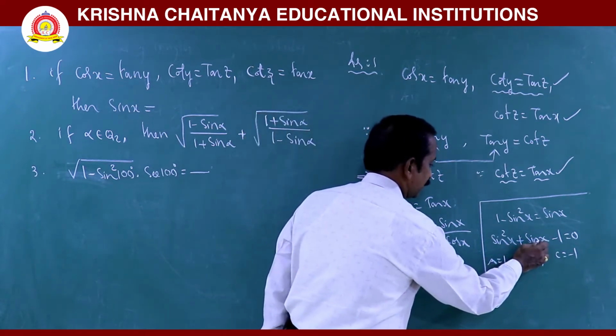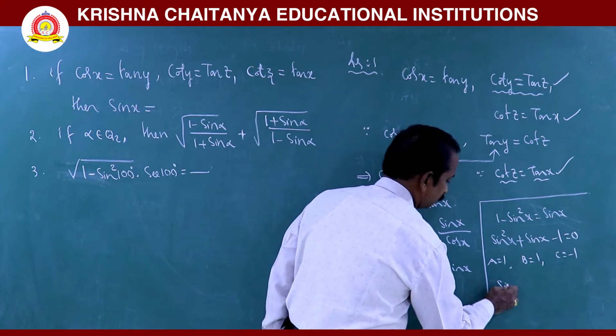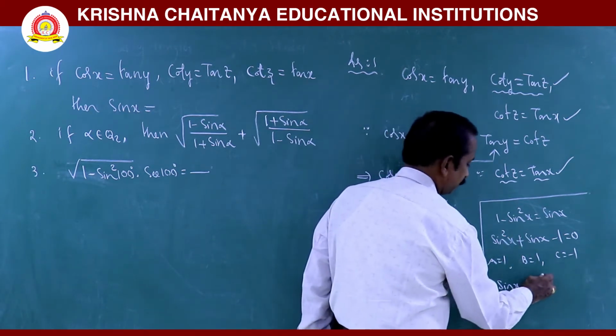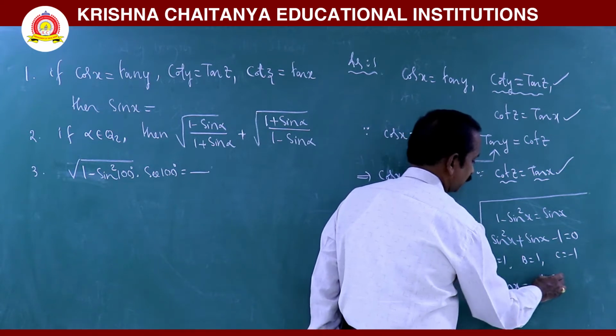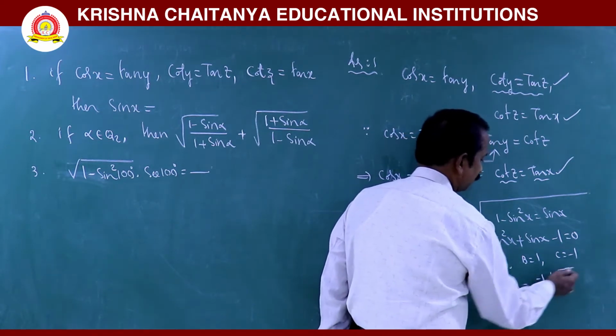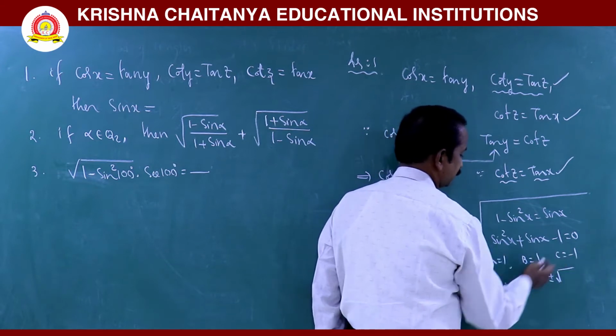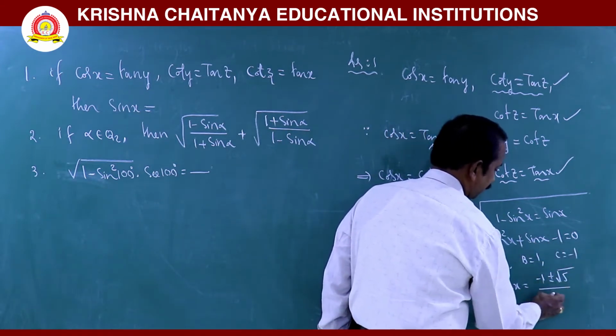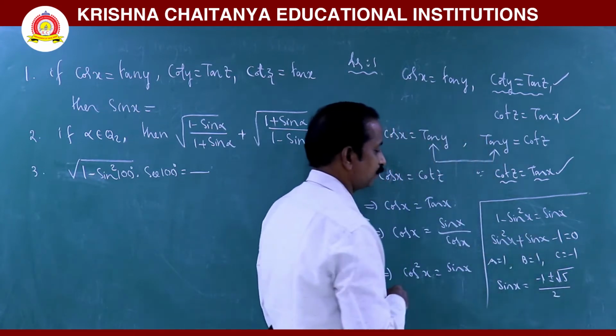Now, the quadratic equation is in sin x, so the roots are the values of sin x. So, sin x is equal to minus b, meaning minus 1, plus or minus root of b square minus 4ac, which is 1 minus of minus 4, that is root 5, by 2a, meaning 2 into 1.